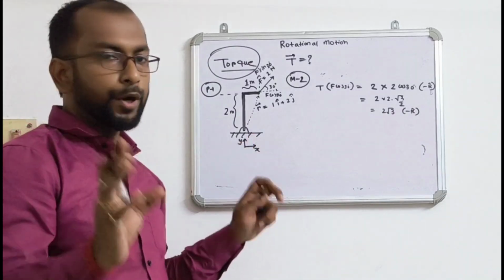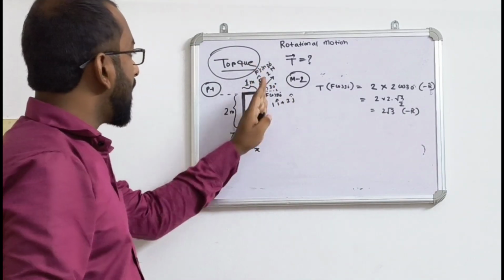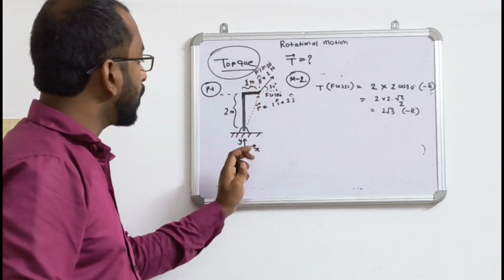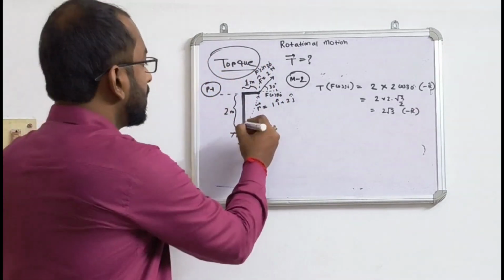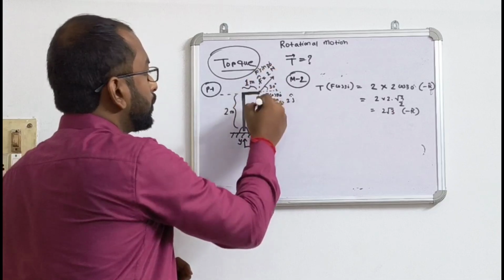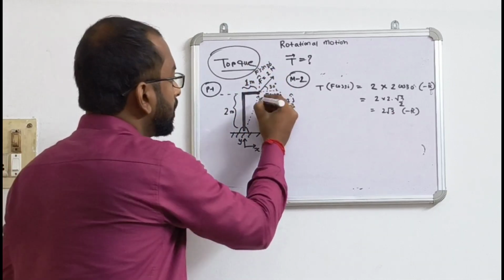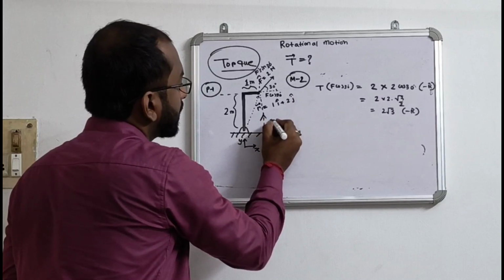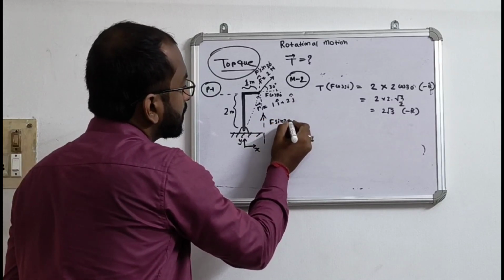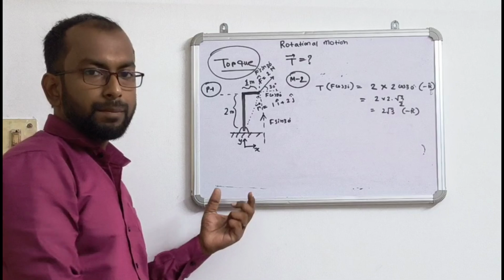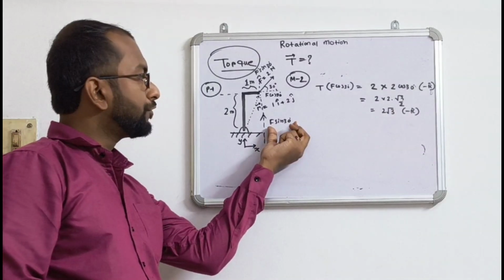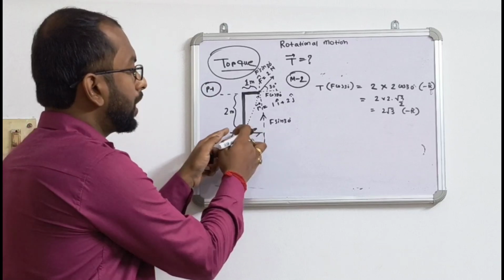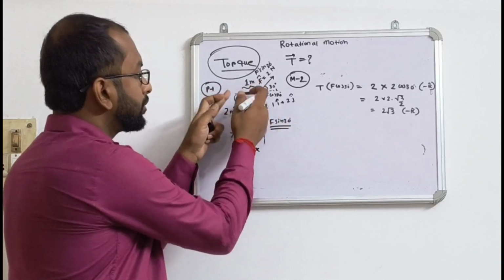Now there is another component of force, F sin 30. That is not basically the actual component, because F sin 30 is not getting applied exactly on the pivot point. So the line of action of the force is not matching with the pivot point. So this is the F sin 30. Now what is the perpendicular distance of this component of force from the pivot point? If I draw a perpendicular on this line of action of the force, this is 1 meter only.